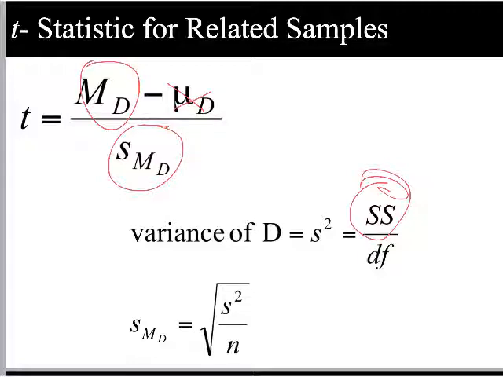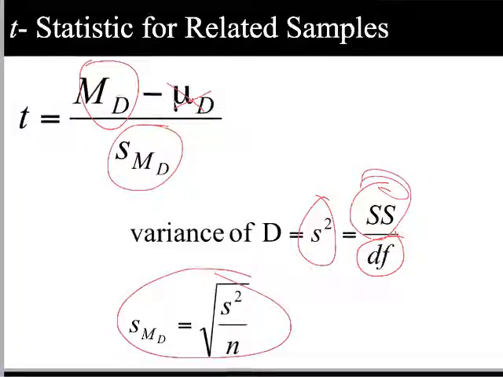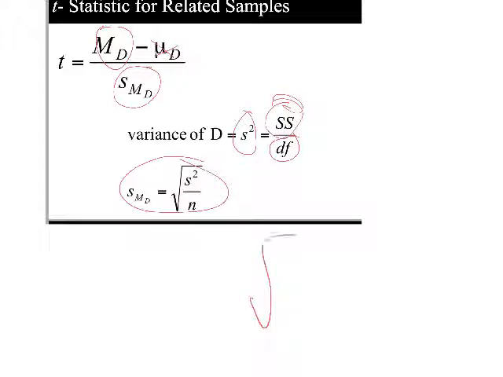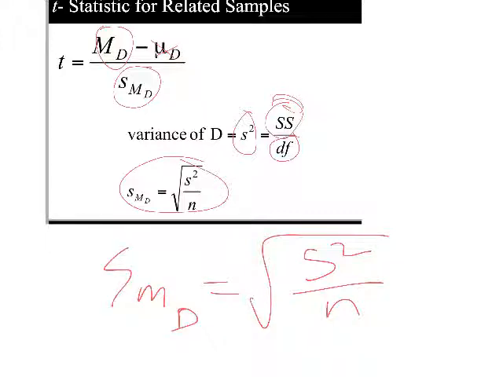In the previous example, we had n equals 4, so degrees of freedom would be 3. That would give us the variance, and then the estimated standard error of the mean difference is right here. The variance divided by n, take the square root of that, and you have the estimated standard error of the mean difference. You plug that in there. The mean difference goes on top, and then you've got your t.